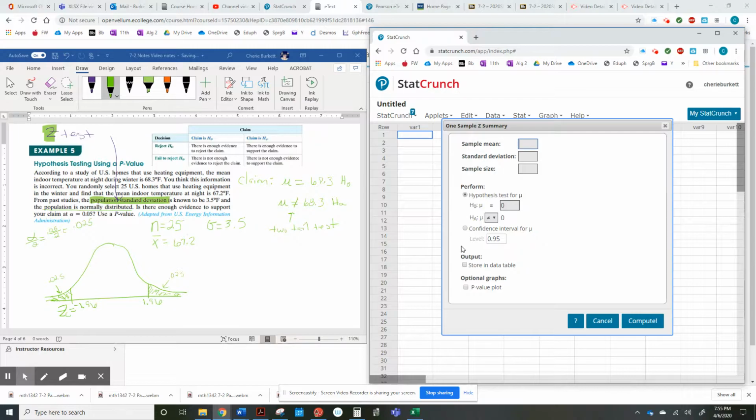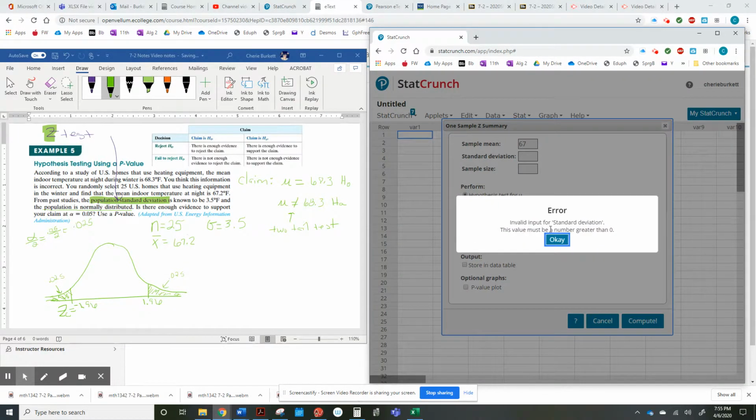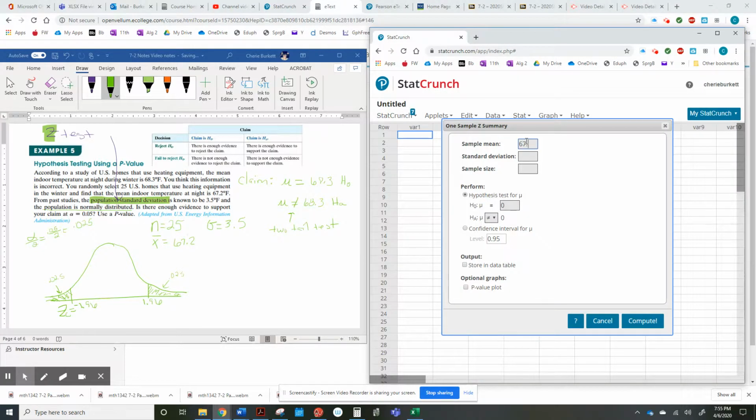The sample mean, that's 67.2. The standard deviation is 3.5. The sample size is 25. This time our null hypothesis is 68.3.